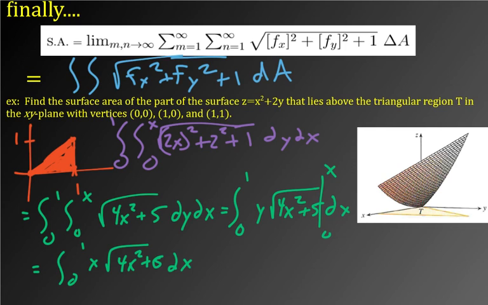And then just kind of another classic u-sub problem. If we do u is 4x squared plus 5, du is going to be 8x dx, right? And so we have an x dx, right? So you would need to move the 8 over, okay?